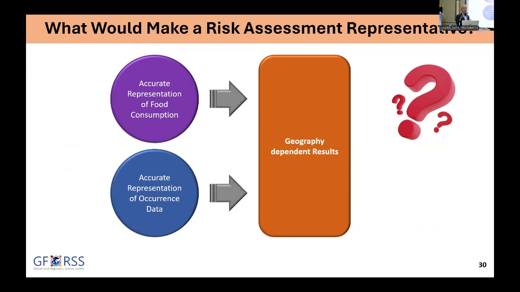And again, monitoring programs show you that contaminants do not occur with the same pattern everywhere in the world. That's totally geography dependent. And that's what we need to ascertain in your own national risk assessments, but also for risk assessments that are developed globally. To be applicable globally, we need these to be made available with global representation.